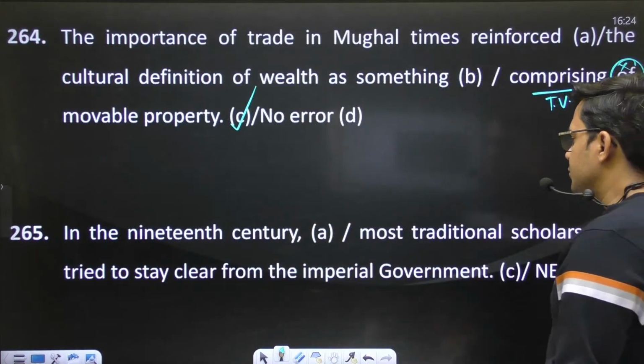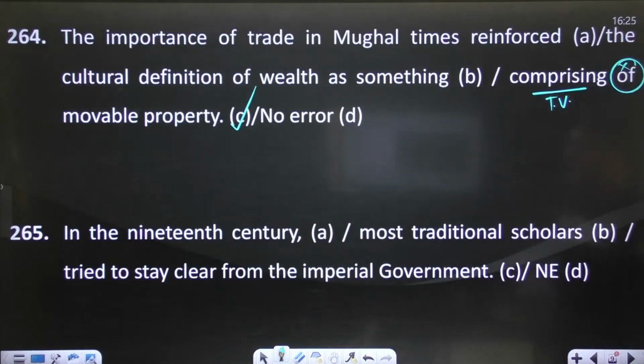In the 19th century, most traditional scholars tried to stay clear from the imperial government. What do you think of this sentence?